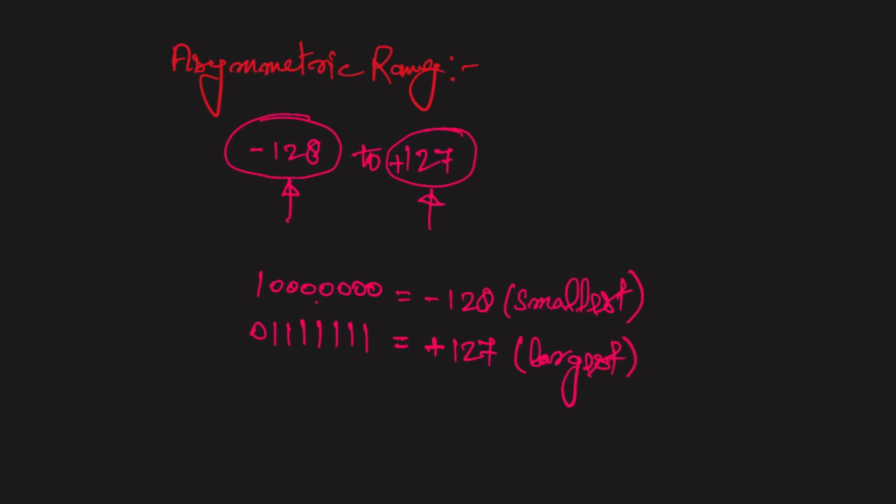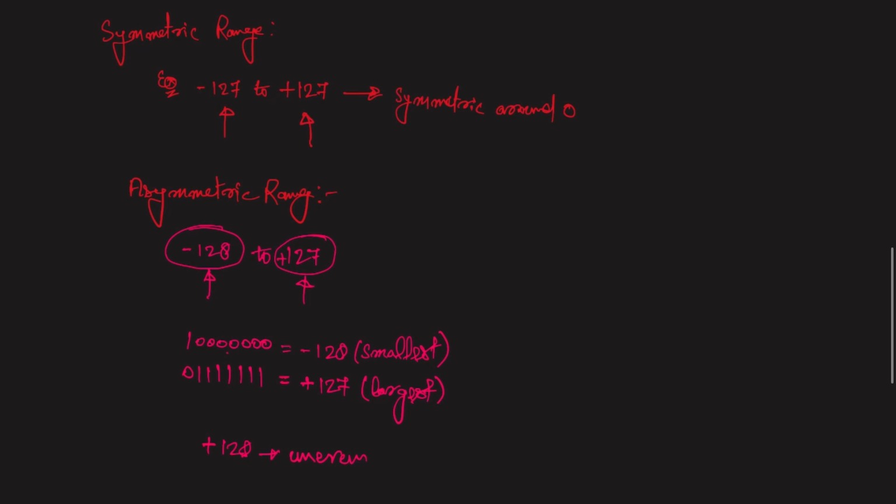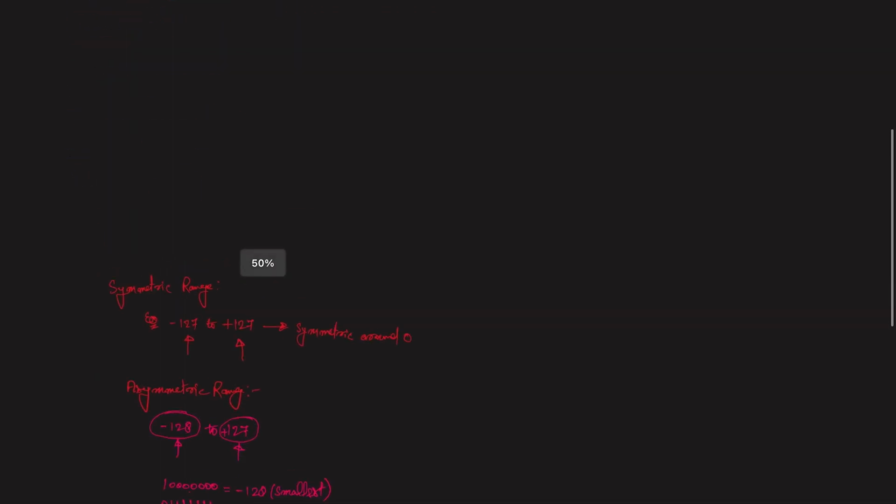There is no way to represent +128 in 8 bits, so the range is uneven. Let me summarize.